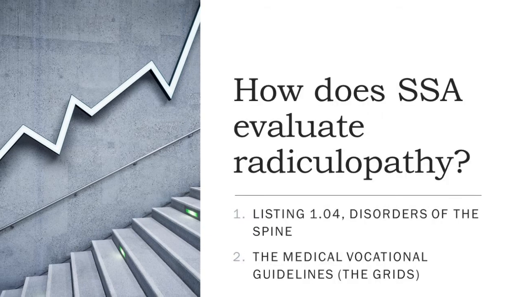The Social Security Administration can evaluate radiculopathy in different ways depending on if it's cervical radiculopathy or lumbar radiculopathy. One of those ways is under Listing 1.04, disorders of the spine.